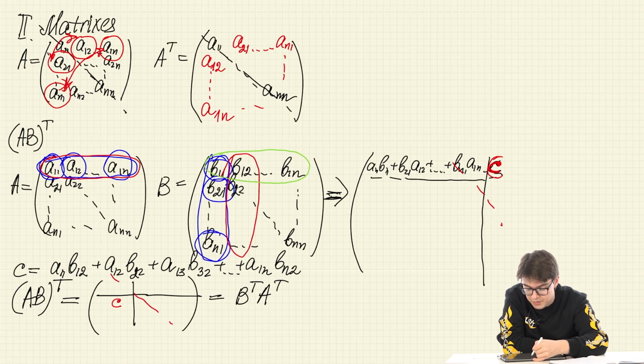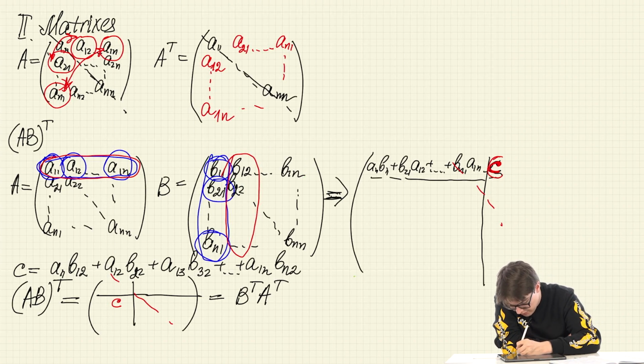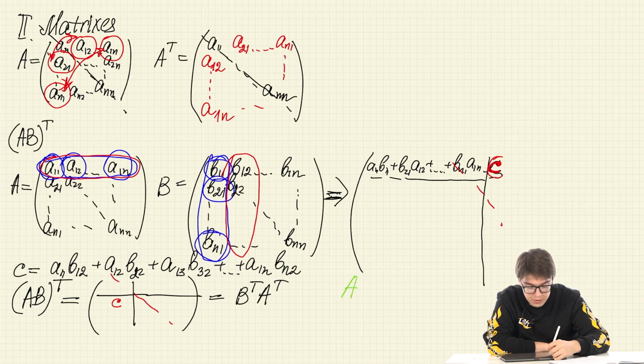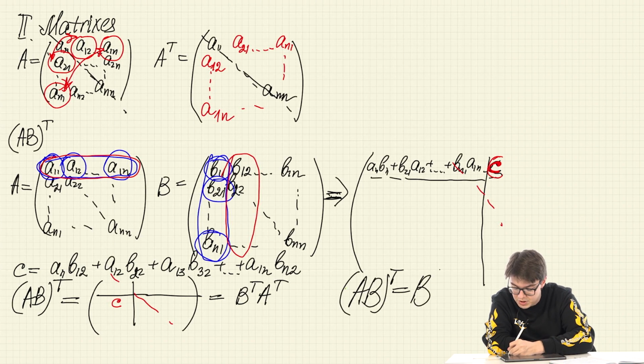We first tried B transposed multiplied by A transposed, and hence we obtained the desired result. So the correct formula would be: AB transposed equals B transposed over A transposed.